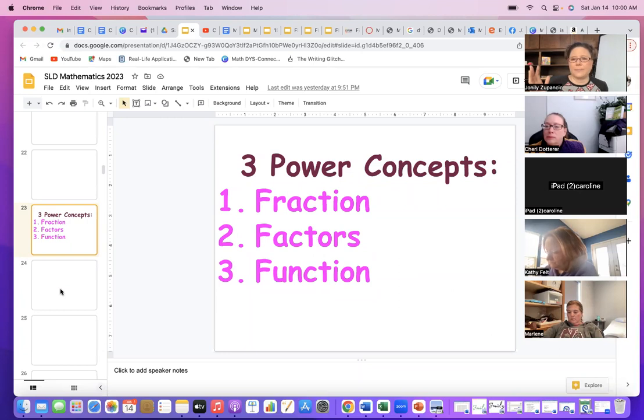So that's it. 95% of what we teach K-12 connects back to these three things. Even subtraction. Subtraction would fall into the factors category, and remind me to tell you how later if I don't when we get to our task.